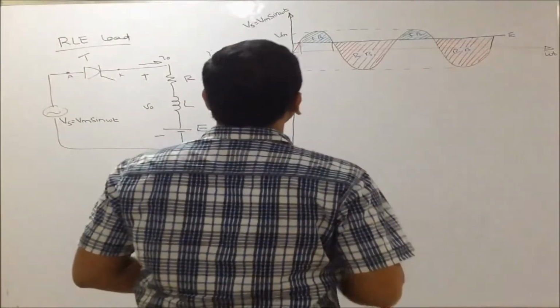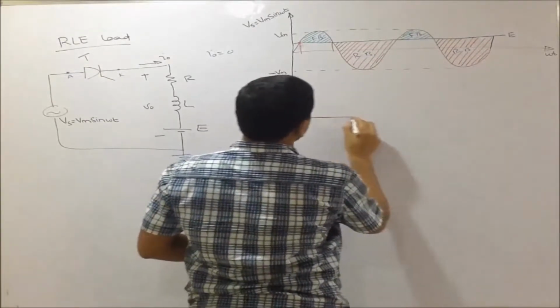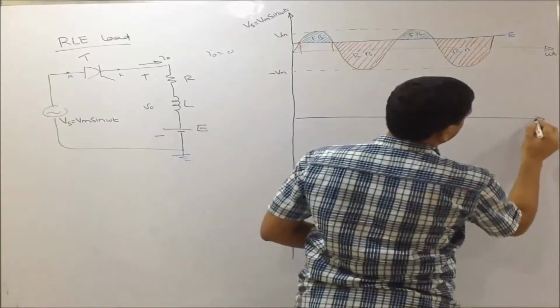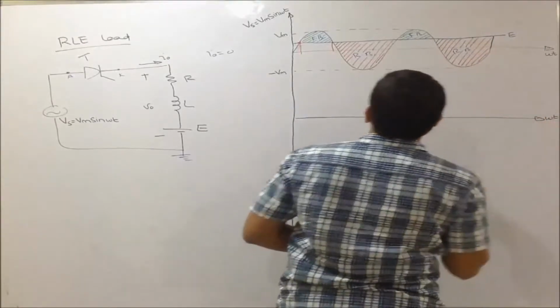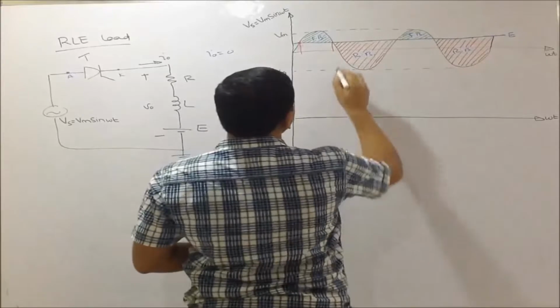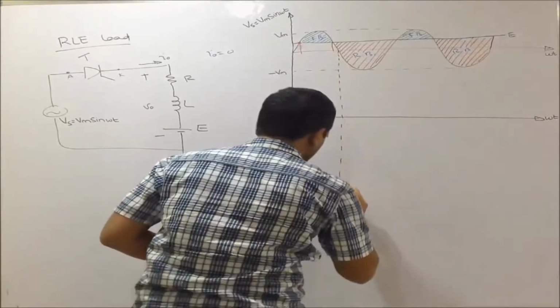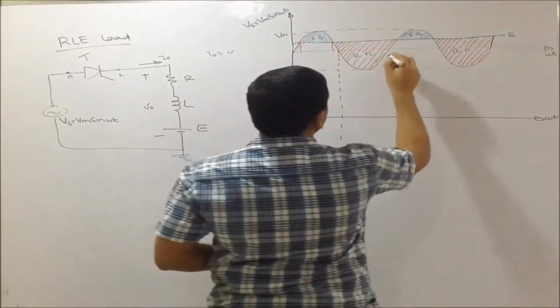Now I have to draw the waveform of V0. I am putting the dotted line.